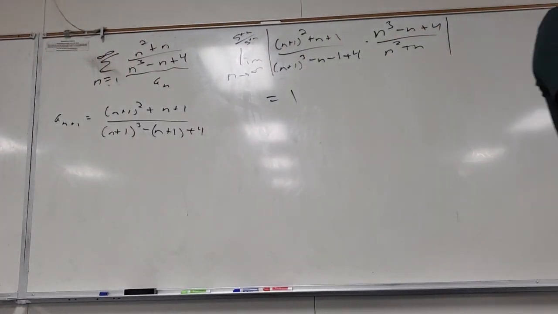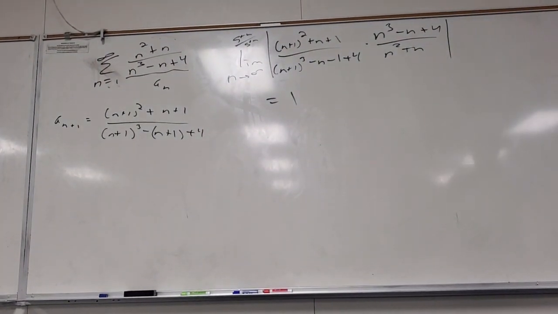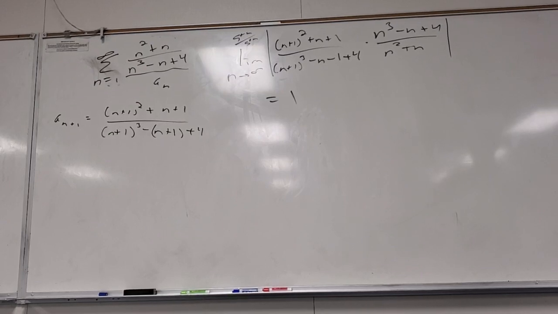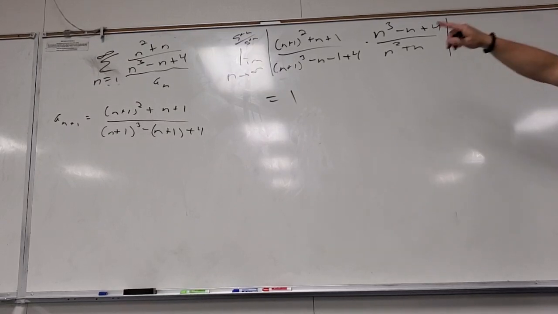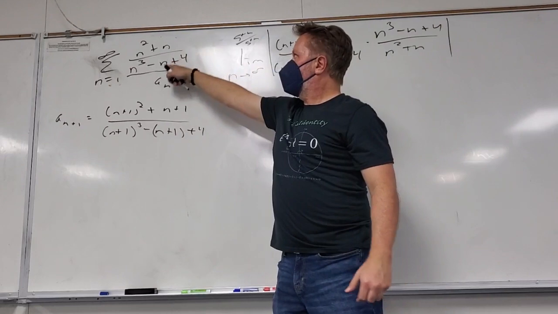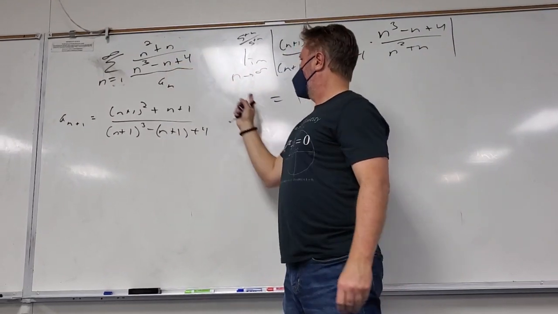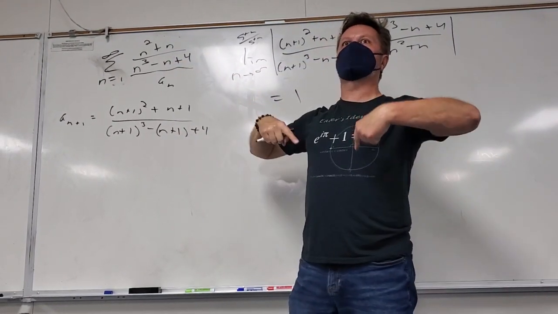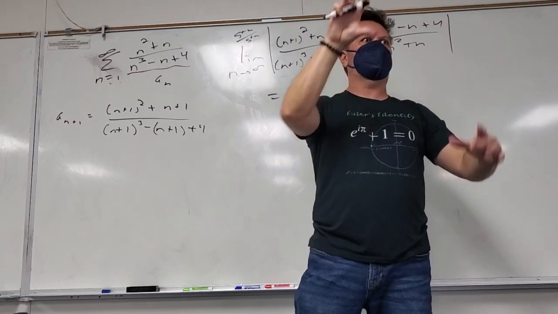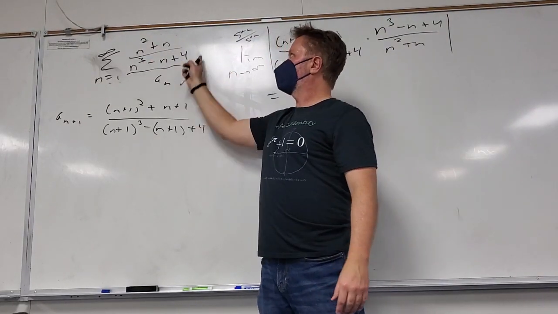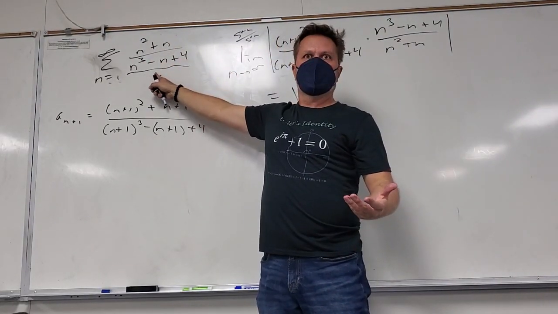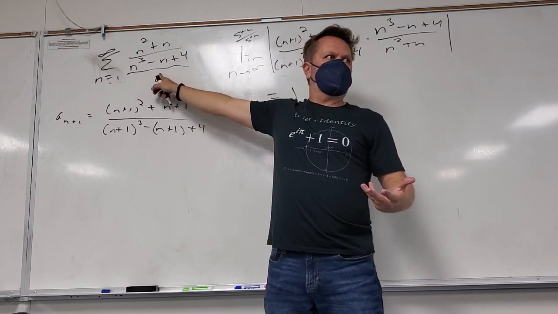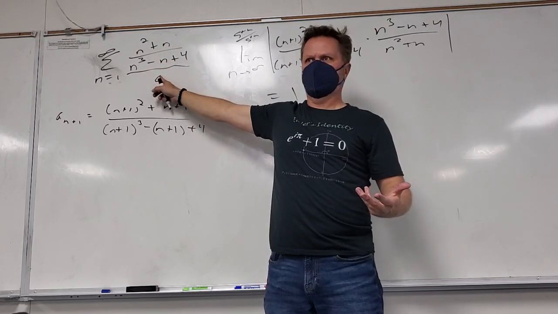This is what I'm trying to show you. This is kind of an extreme example, because from the beginning we're like, why would I do the ratio test? But it shows you that there will be other things where you get a 1, which means there was some simpler way to look at it. In this case, the simpler way would be a comparison test. Why would I do the ratio test? I'd just do the comparison test, right? You guys follow?